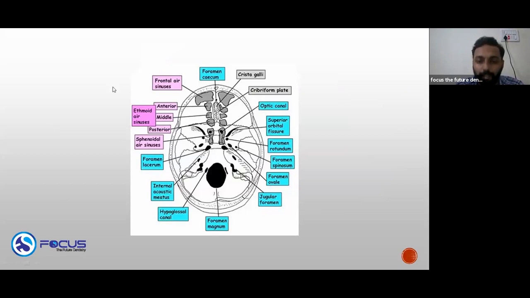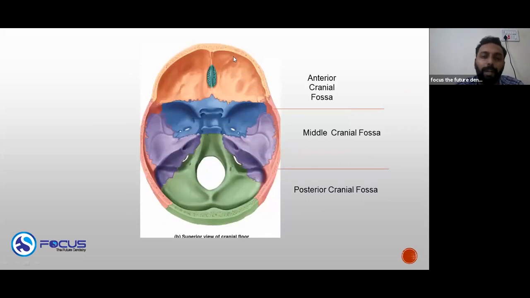What I tell people to do is, divide it into anterior and posterior cranial fossa. Start with the anterior first. So what are the structures in anterior cranial fossa? Now I've told you that this particular bone is frontal bone, and this particular bone is your ethmoid bone, isn't it?